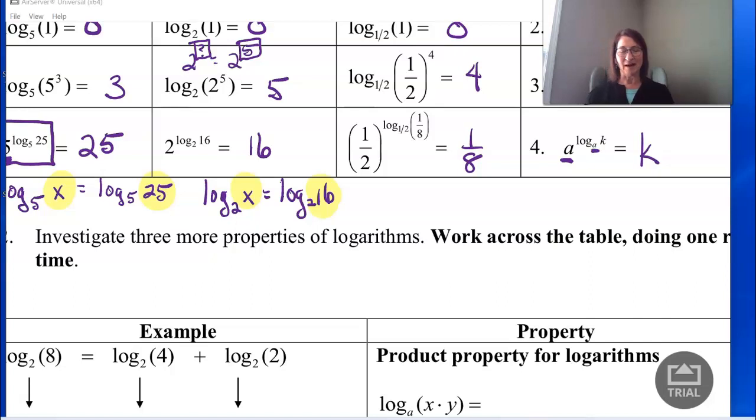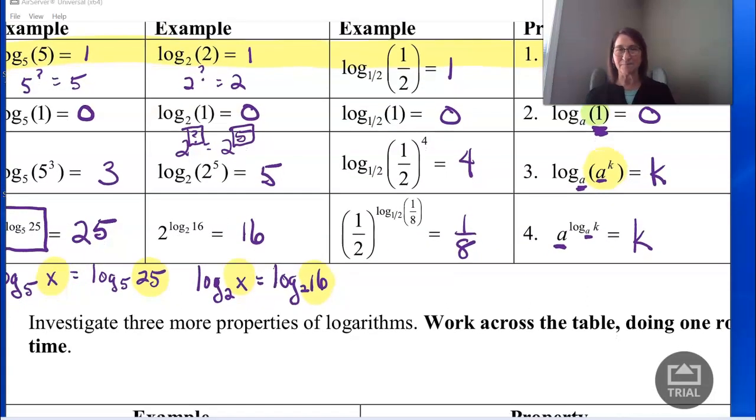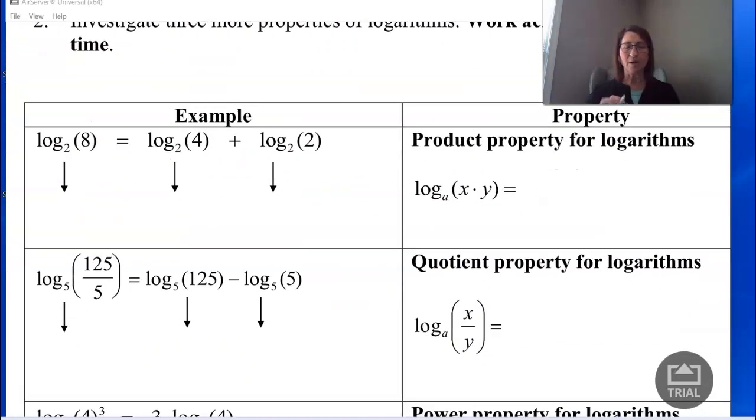Okay. All right. Those are your first 4 properties right there. So now let's go on and investigate a little bit deeper. Let's start with this first example.